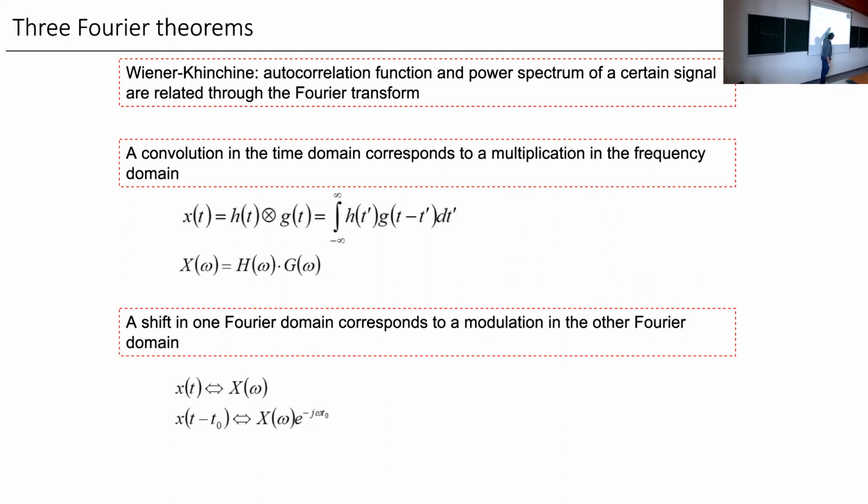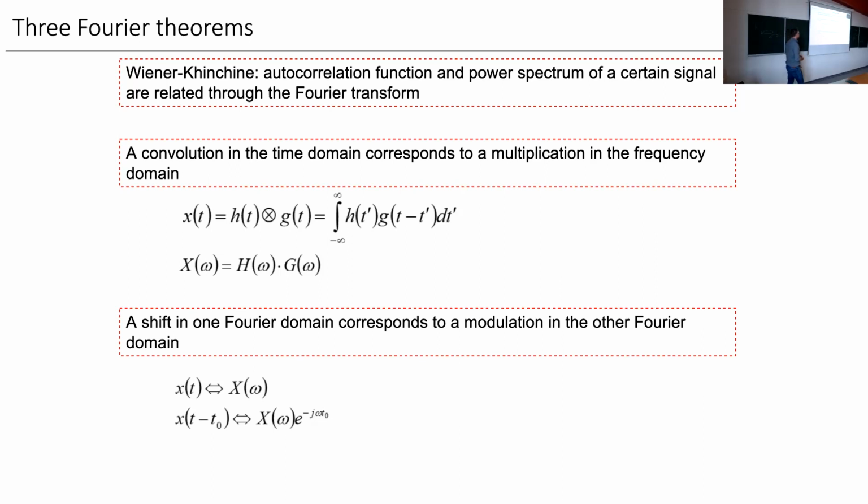You take the signal, multiply it with the shifted version of the other function, and then calculate the area. You get the same result if you take the Fourier transform of both these functions and multiply them. So that is property 2.